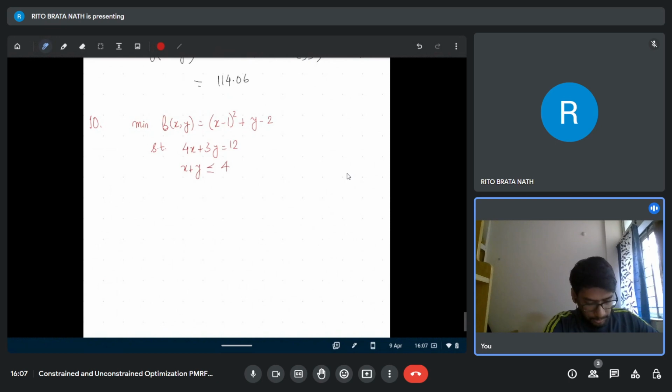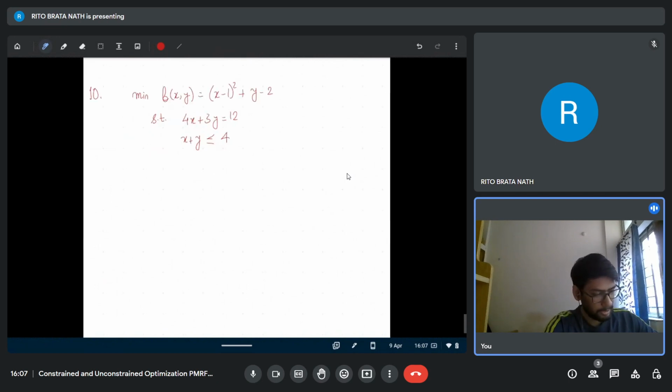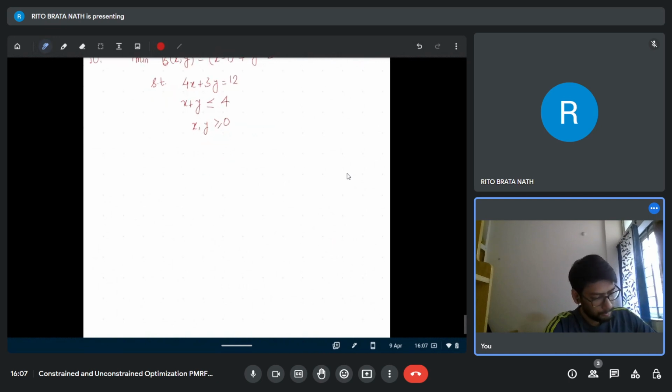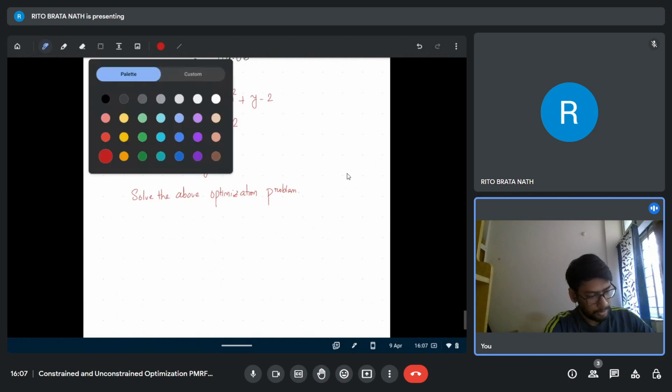Because if it is less than or equal to 2, then I think the first constraint will not be satisfied in certain cases. Okay, so this is the problem. Solve the above optimization problem. Okay, so this is the correction.